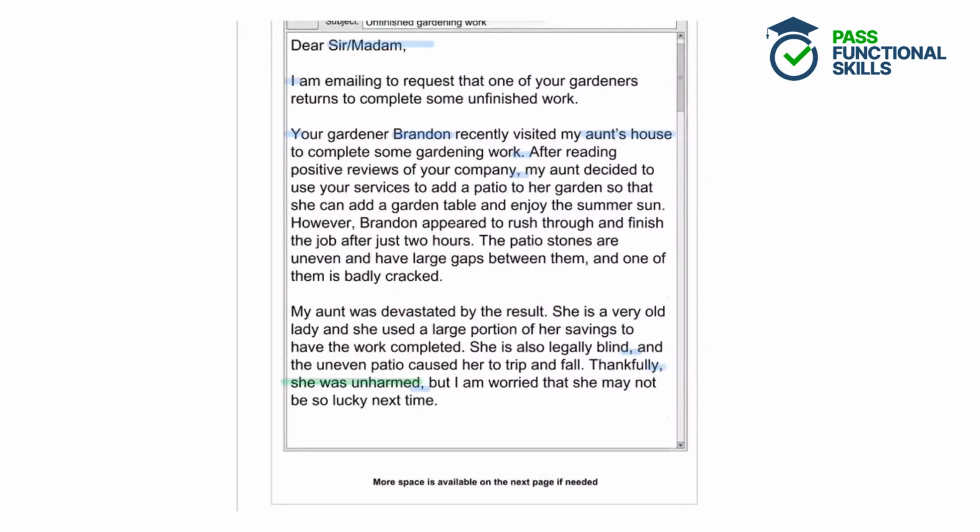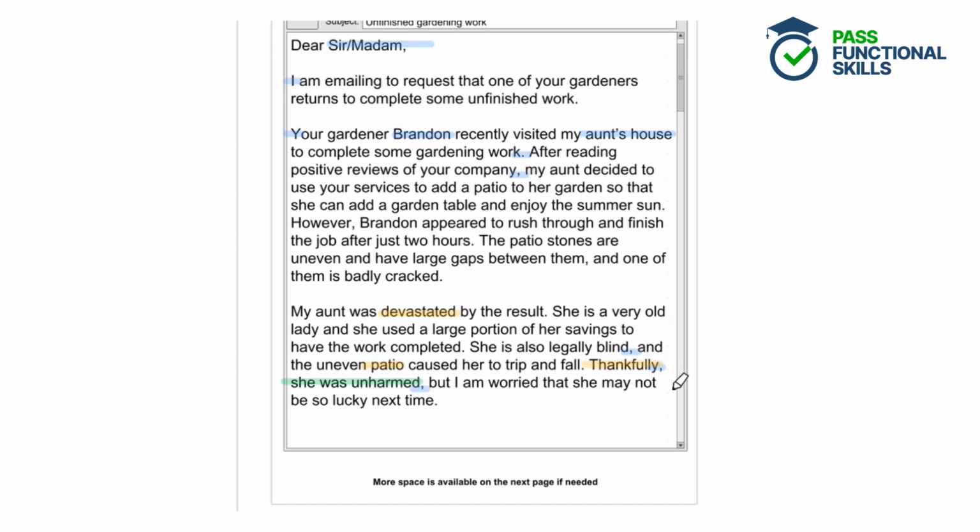Next, let's think about the spelling. So most of the spelling in this answer is correct, and we've got some trickier, harder to spell words in the answer as well. So in the third paragraph we have this word devastated. We've also got some other tricky words like patio and thankfully as well.